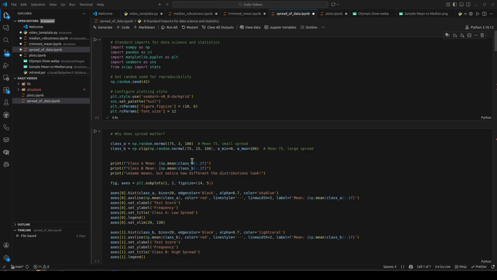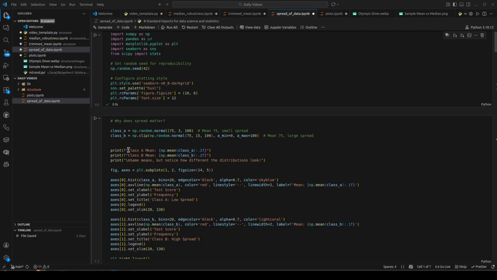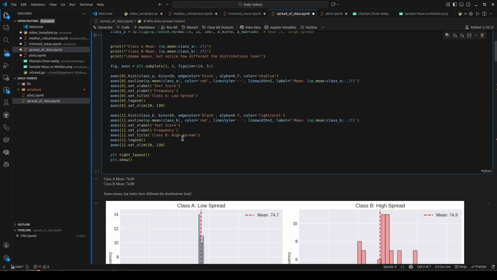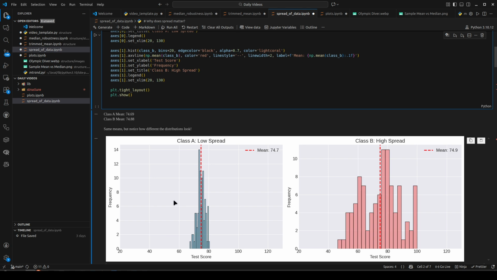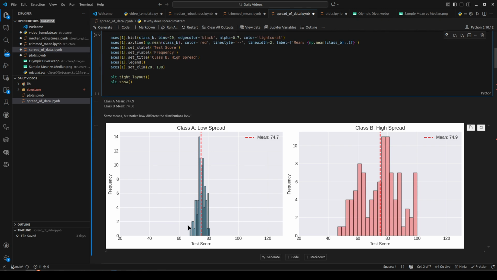So in this example, we have two classes. We have class A and class B. You can just imagine these as two classes where people took a test and they both scored 75% on average. Now, if we look at the actual distribution of the grades using a histogram, we can see that class A had very low spread.